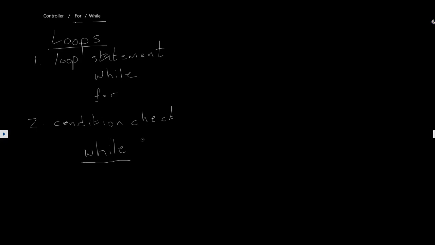So we're going to have while, and then an open parenthesis and a close parenthesis. In here is where you're going to have the condition that it's going to check. The block will run as long as this condition is true.